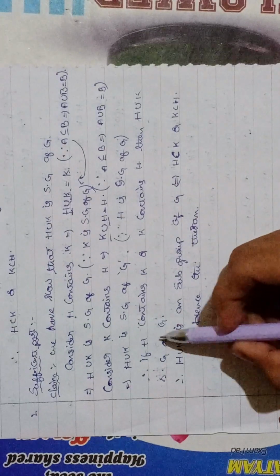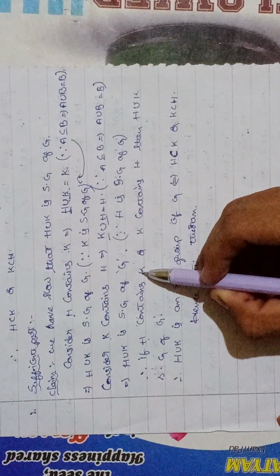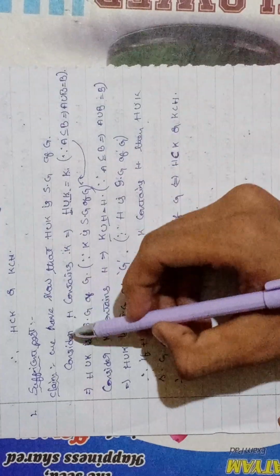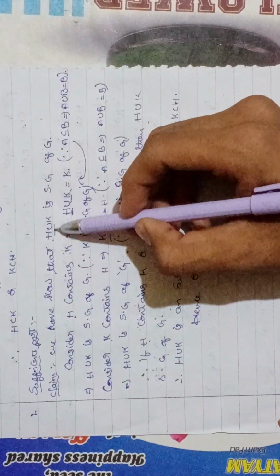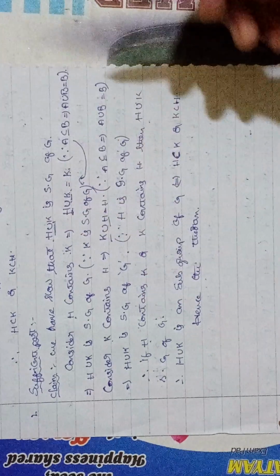Here H contains K or K contains H, where the supposition is H union K is a subgroup of G.